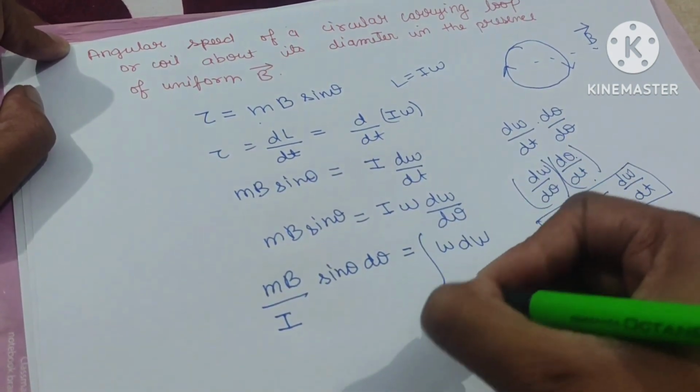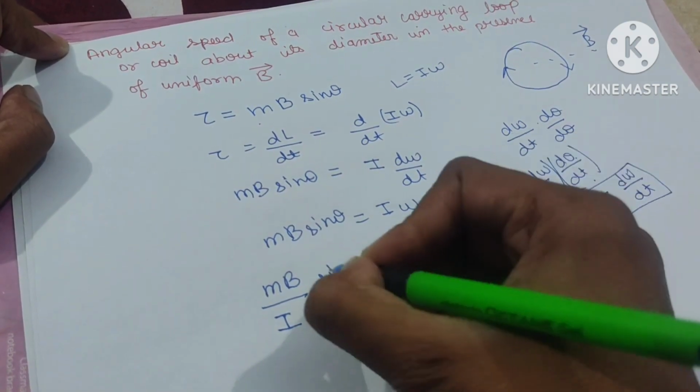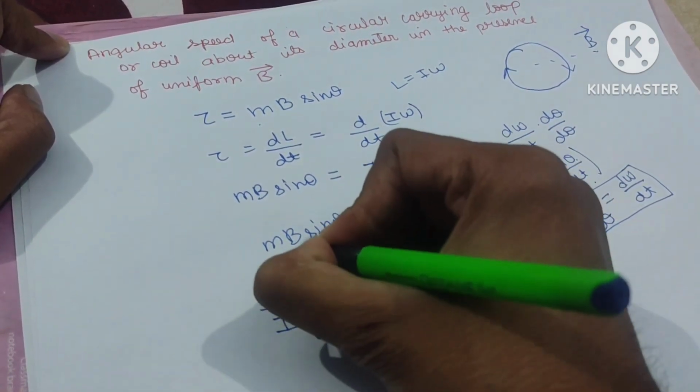Now integrate omega from omega naught to omega, and theta from 0 to theta.